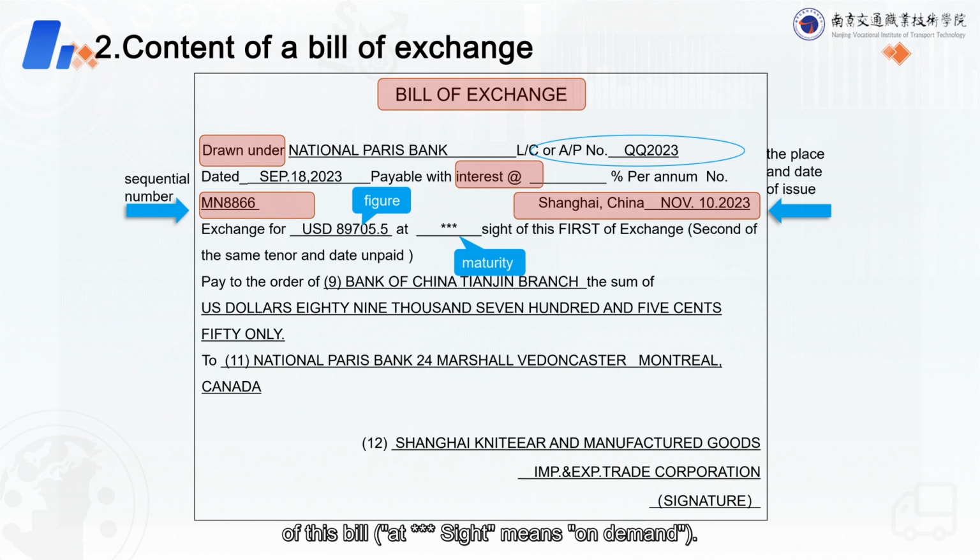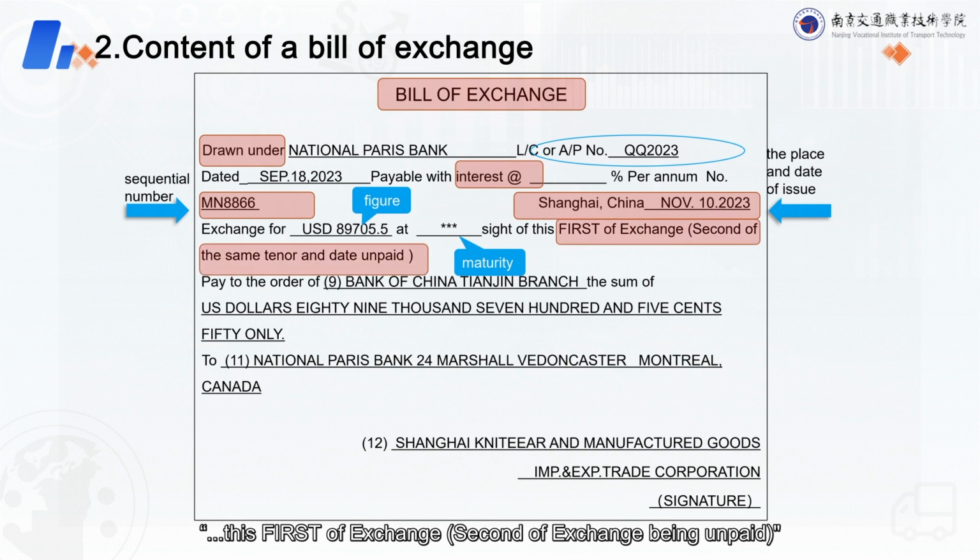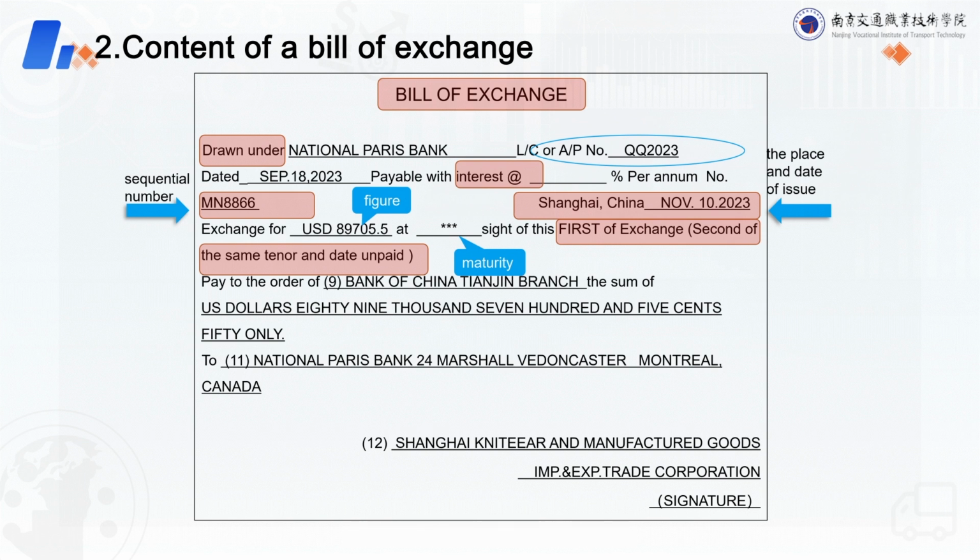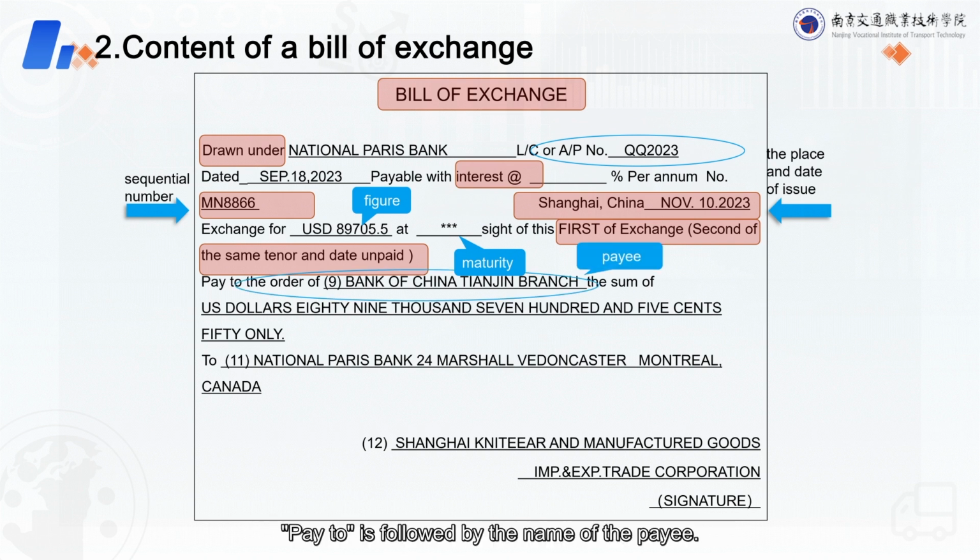"At sight" means on demand. "This first of exchange, second of exchange being unpaid" indicates the bill is in duplicate. If any of the duplicate is paid, the other becomes void. "Pay to" is followed by the name of the payee.